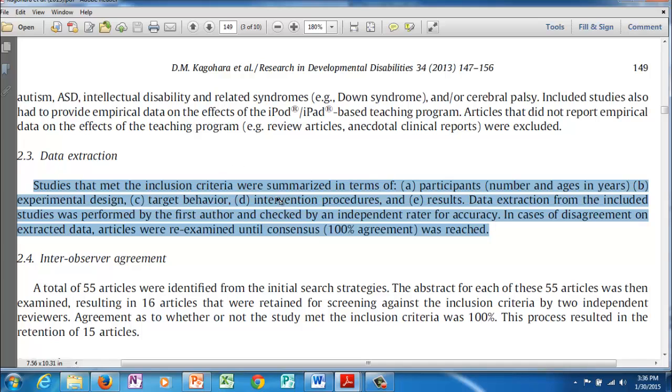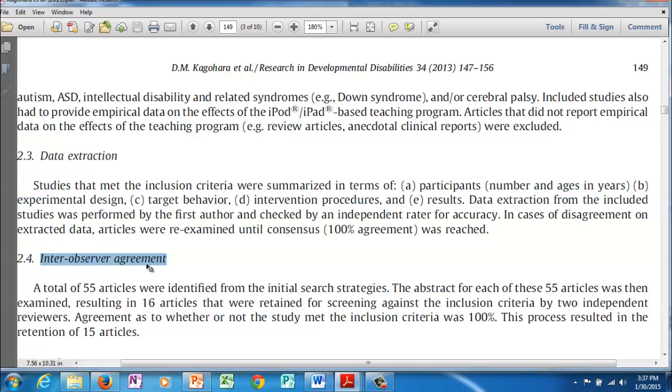You're using what's called the matrix method. So you could describe how you put all of the studies in a matrix and analyze them. But that's not required for the paper.